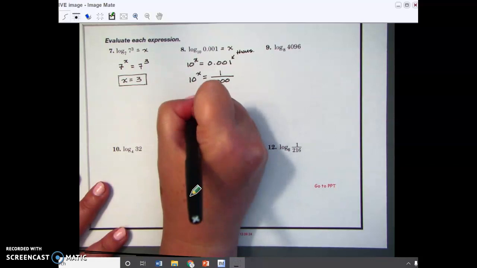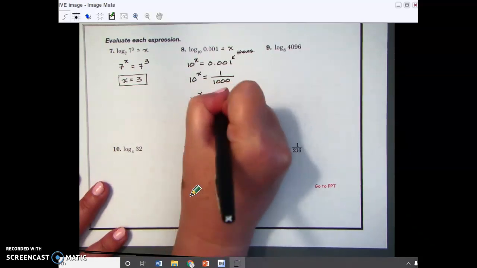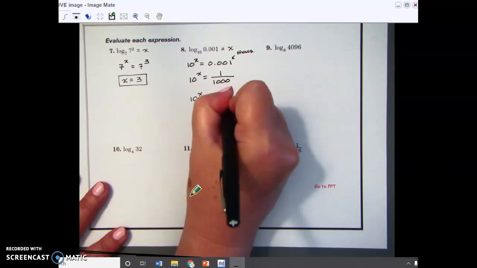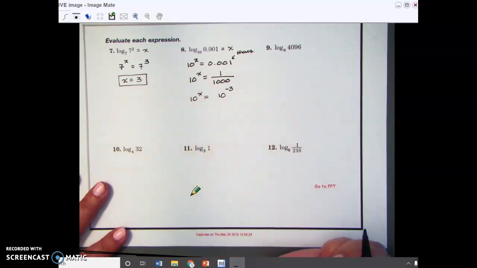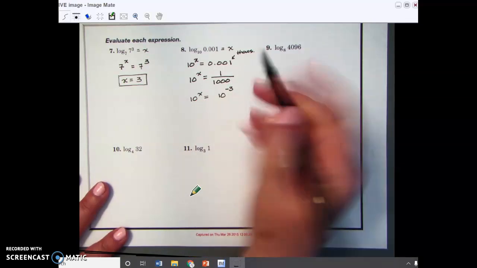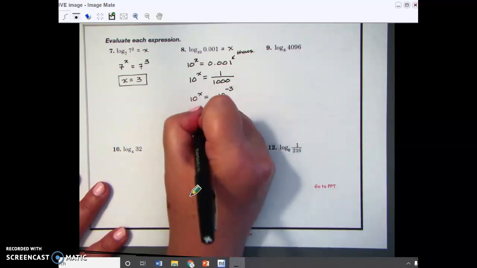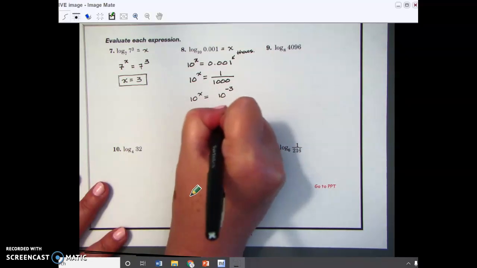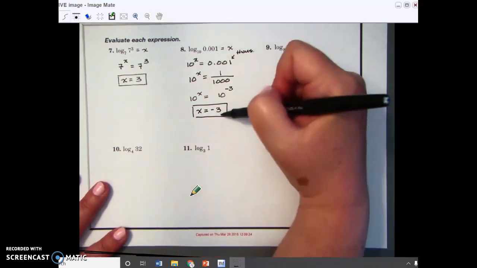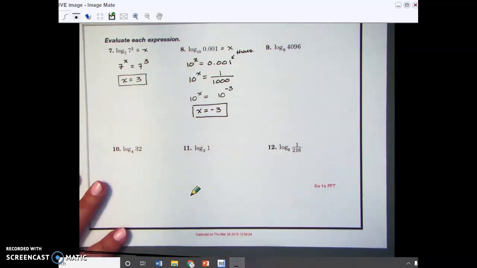So if we look at that, 1,000 is 10 to the third, and to put it in the denominator, we would call that negative 3. So 1 over 1,000 is the same as 10 to the negative 3. So we get that x is equal to negative 3. So we would say 10 to the negative 3 power gives me 0.001, or 1 over 1,000.